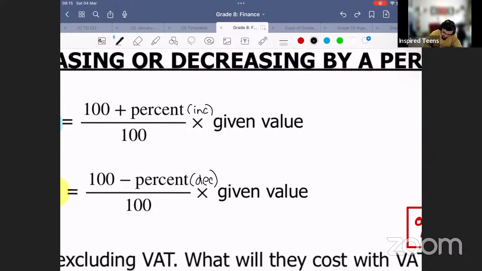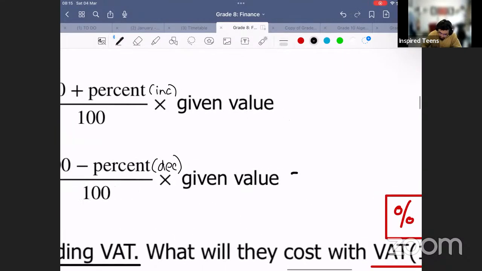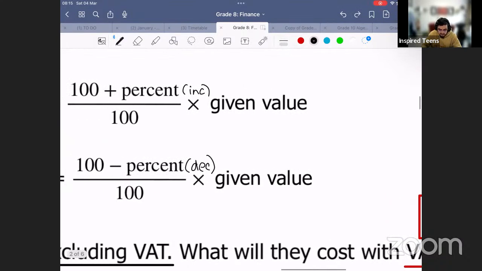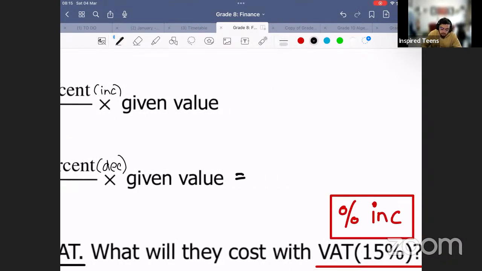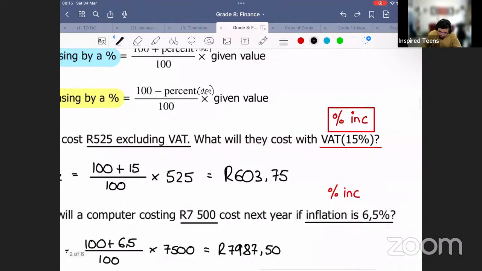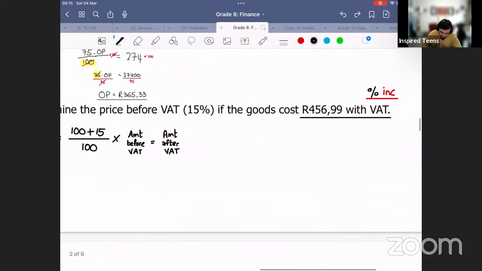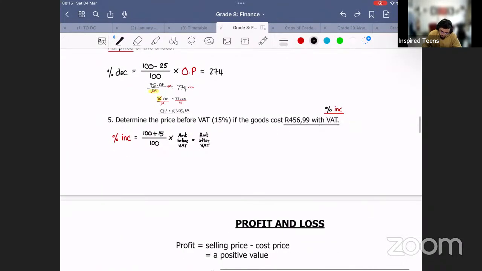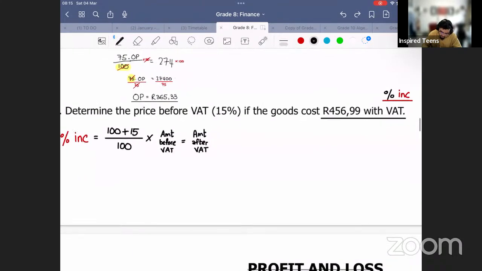For percentage decrease, 100 minus the percentage decrease multiplied by the given value is going to give you the amount. The percentage decrease could be like the amount on sale, or the amount after the discount, or basically the amount after you have decreased it by that specific percentage.